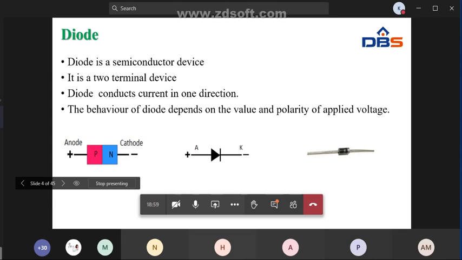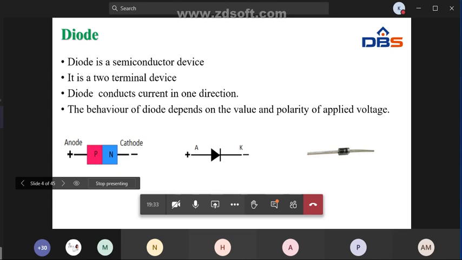So in our lab, you can find the PN junction diode in this format, right? So this terminal is anode and this terminal is cathode. Here we are finding the white strip line, so that indicates the cathode terminal.